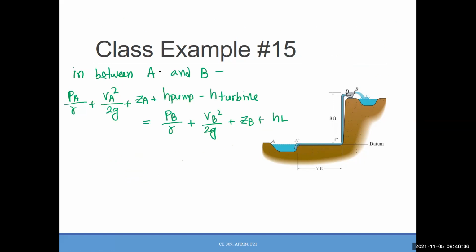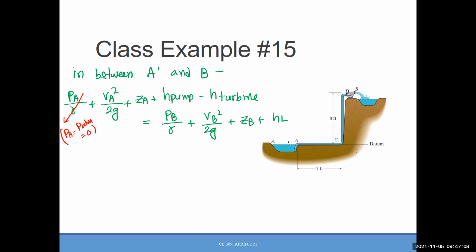So A prime. Okay, let's find out what is the pressure at A. What do you think? Pressure is 0. What is the velocity at A? Are we assuming the velocity is constant throughout the pipe? We already know that because the same Q is going and there is no change in diameter, velocity at any point will be the same.